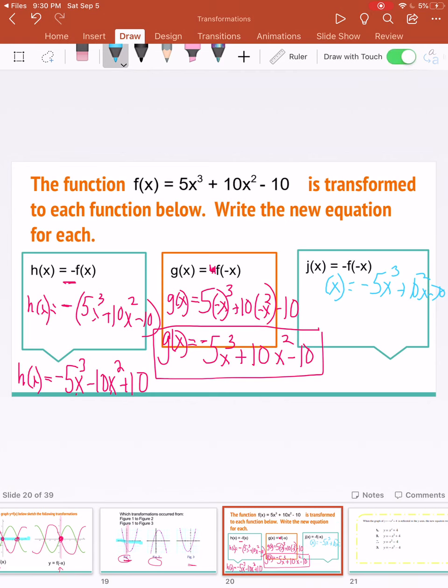And again, make sure you have your proper notation. And then I'm just going to multiply the g function by that negative, which means I'm going to distribute that negative into that g function. So then the negative times the negative becomes a positive 5x cubed. The negative distributed to the positive 10x squared becomes a negative 10x squared. And the negative distributed to the negative 10 becomes a positive 10.